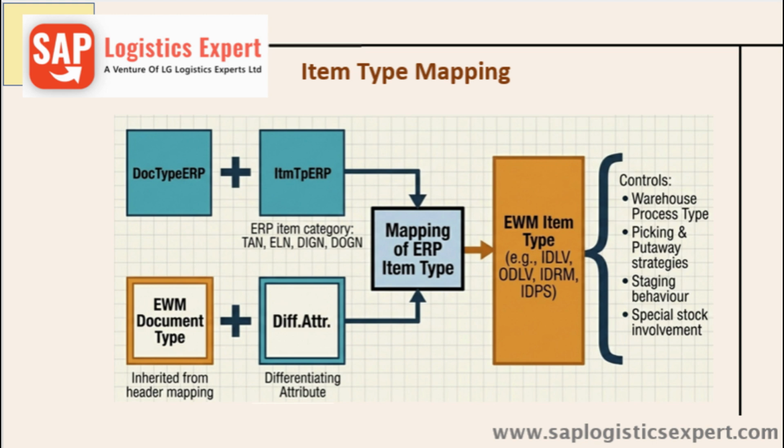Number 4 is differentiating attribute, then EWM item type is determined, which is IDLV, ODLV, IDRM, IDPS, etc.